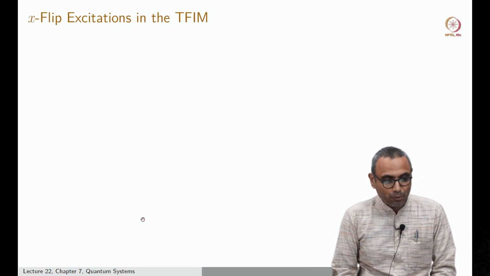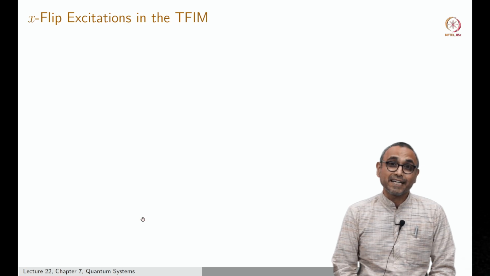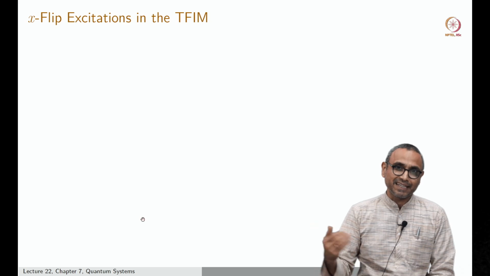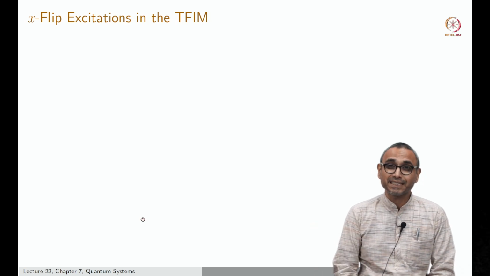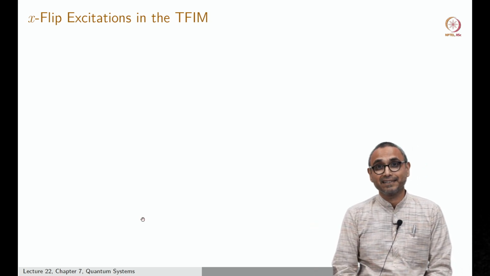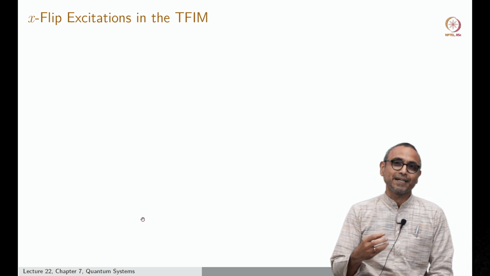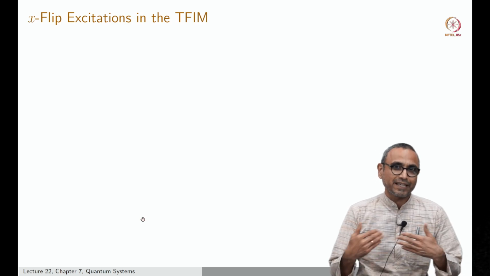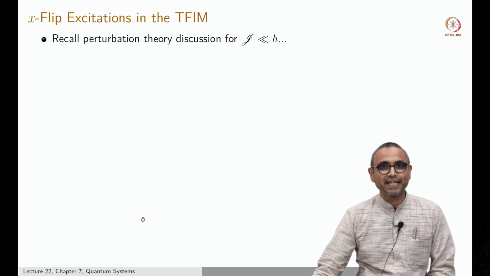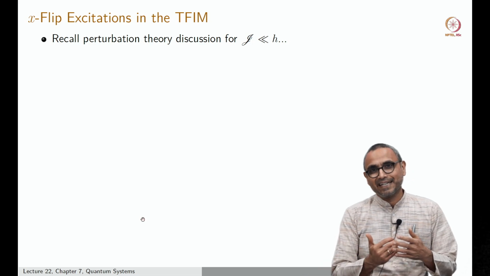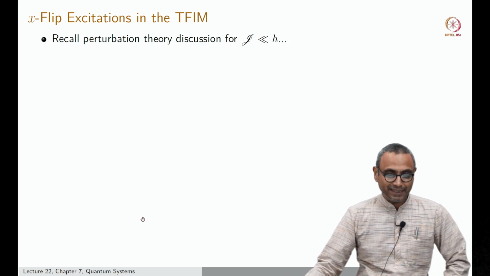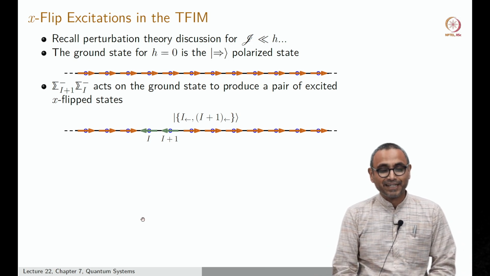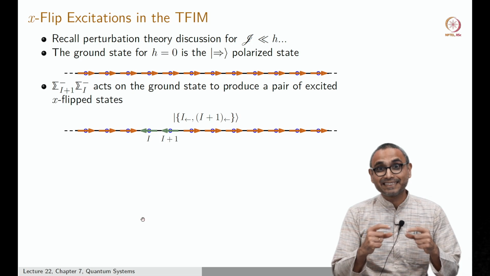Now I invite you to recall the nature of excitations on the paramagnetic side. This is when the exchange coupling was much smaller than the transverse field, so the transverse field is the strongest energy scale. There, if you kept the exchange coupling 0, then you would have the state where all the spins are x-polarized, and the kind of excitations that we had seen were created by the Ising interaction.